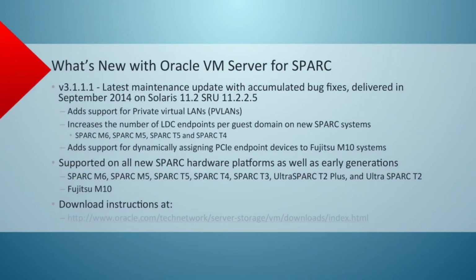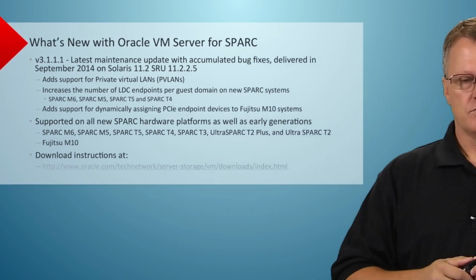In September 2014, the latest version of the Oracle VM Server for SPARC software, version 3.1.1.1, was released. In addition to accumulating a number of bug fix updates in this maintenance release, we also added a couple of additional capabilities. First, we now offer support for private virtual LANs, or PVLANs.